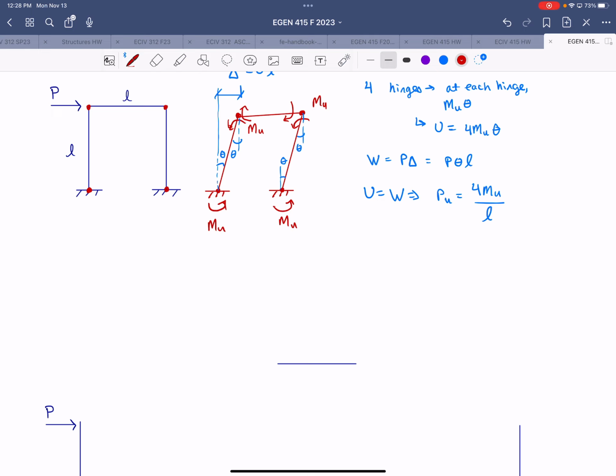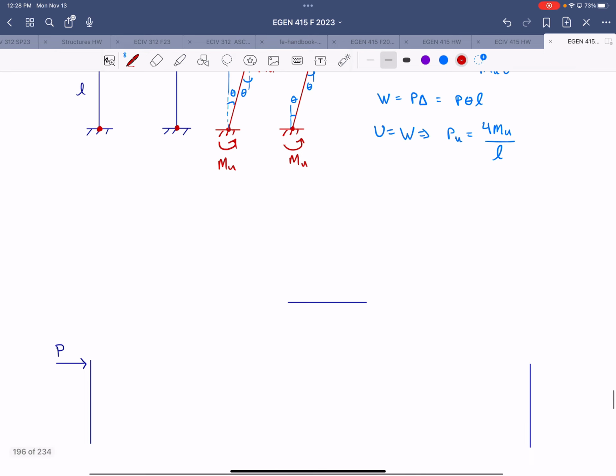So going through and applying this information to our free body diagram for all of the elements, we have our P, and we just said that's equal to 4 mu over L. We also have our moments, mu.